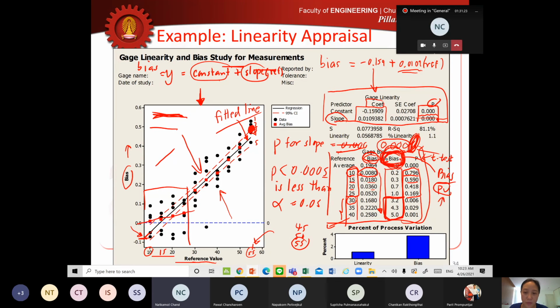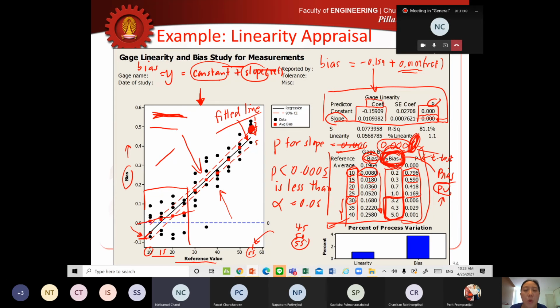Accept, acceptable. Yes, accept because... which numbers in the exam, I will ask you, which numbers that you consider when you make a decision. So you have to tell me which are the numbers that you take into consideration. Because the percent bias of reference 30 is less than 5%.